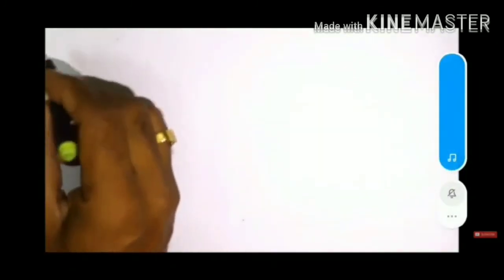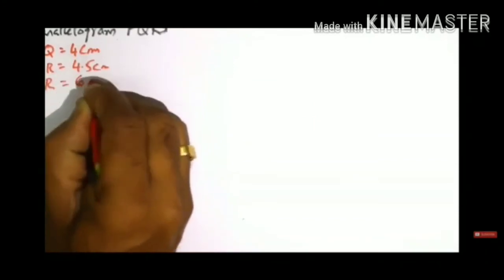Today, let's draw a parallelogram PQRS, where PQ is equal to 4 cm, QR is equal to 4.5 cm, and PR is equal to 6 cm.